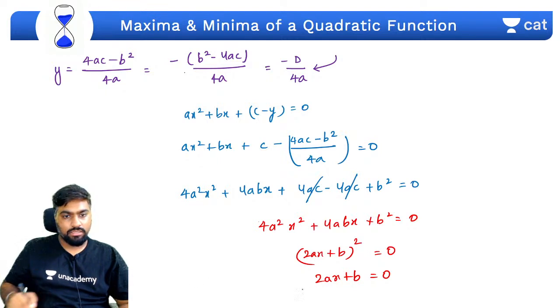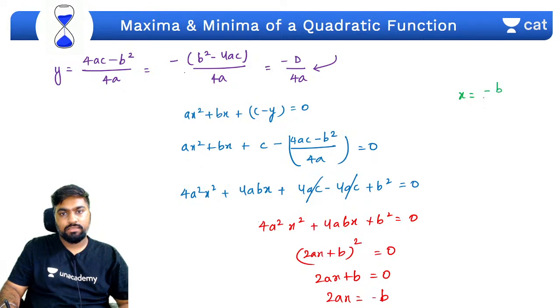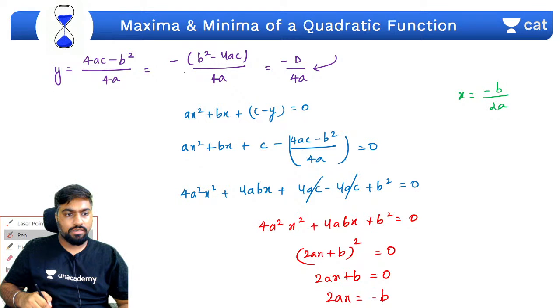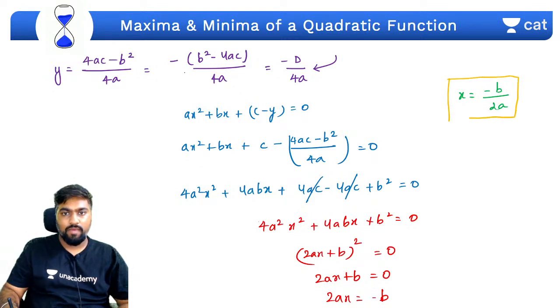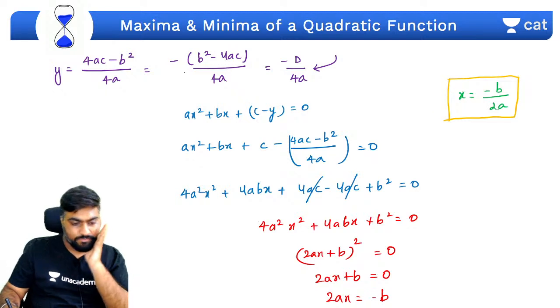You would get 2ax is equal to minus b, or x is equal to minus b by 2a. This is the value of x. This is the value of x when your y is either maximum or minimum.